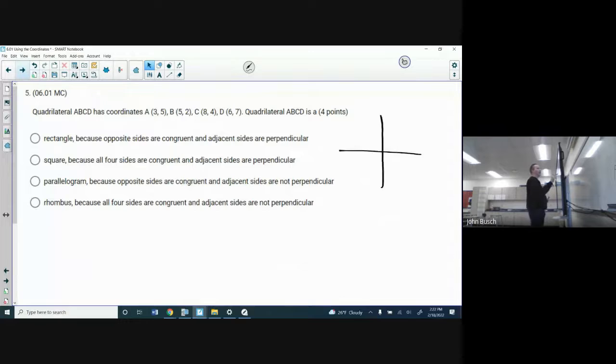A is 3, 5. B is 5, 2. C is 8, 4. D is 6, 7.